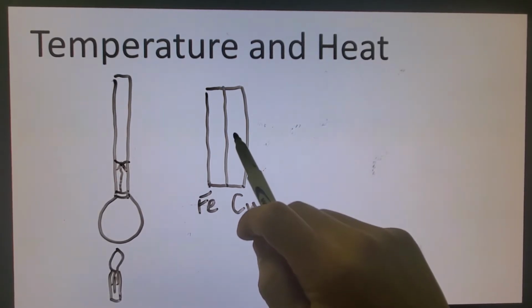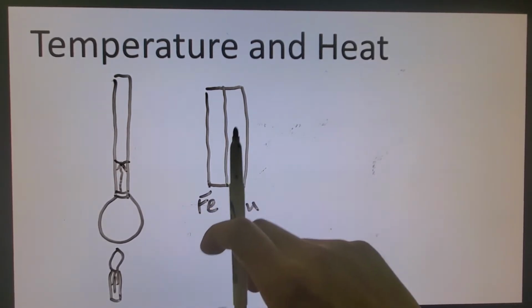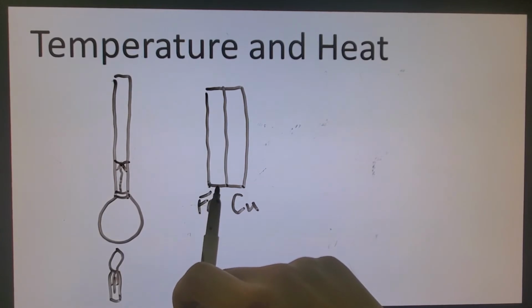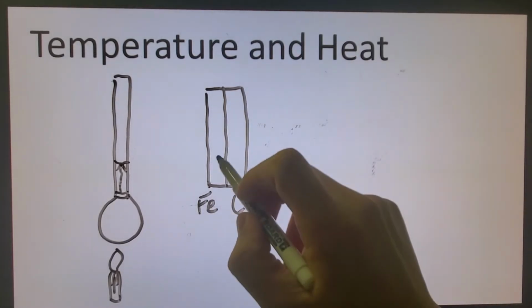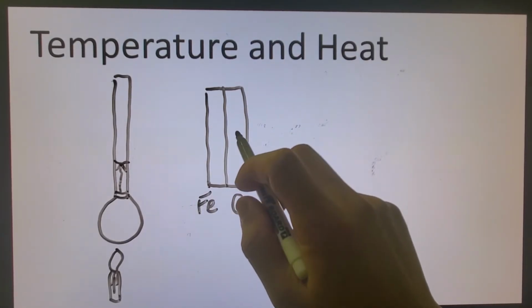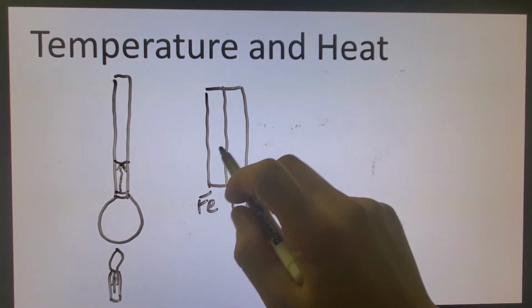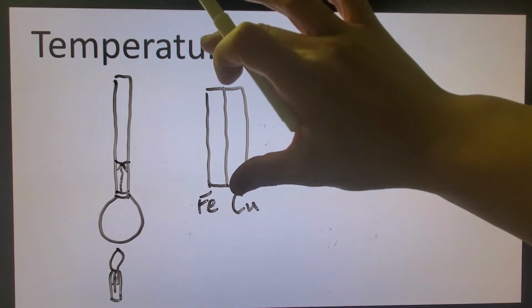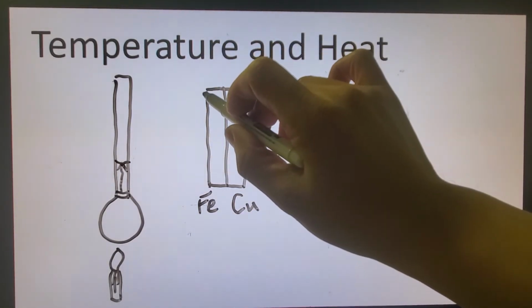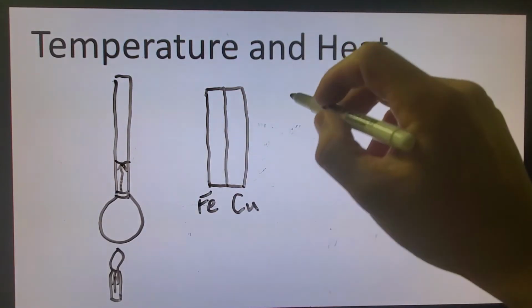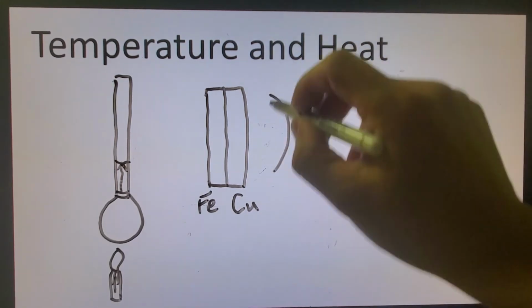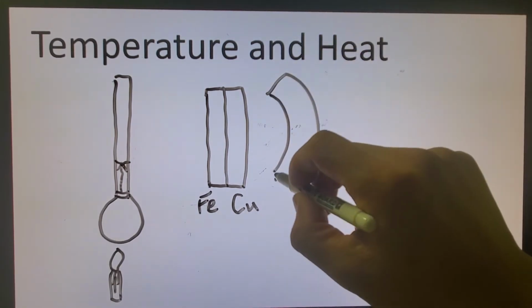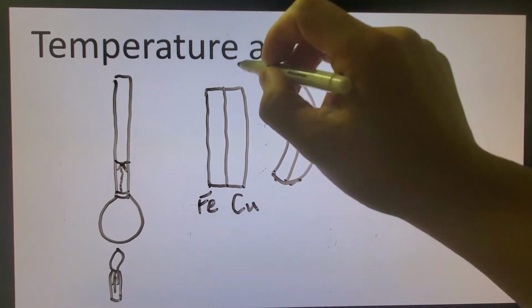If copper expands faster than iron, then this bimetal piece, stuck together, will bend when you heat it up. If copper expands faster, it's going to bend to the left side.